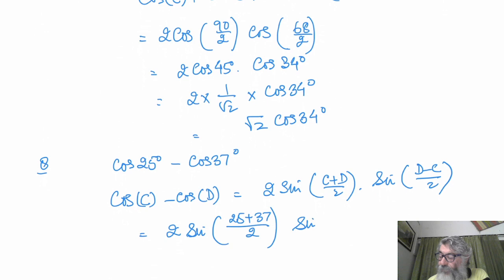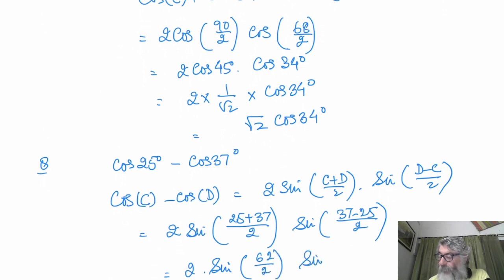If you do not use it, you will not remember it. That is most important. So (62 upon 2) and sine (12 upon 2). So 2 sine 31 degree and sine 6 degree.